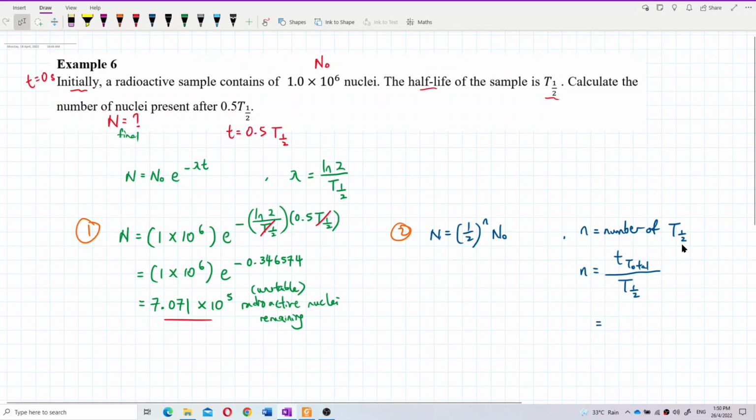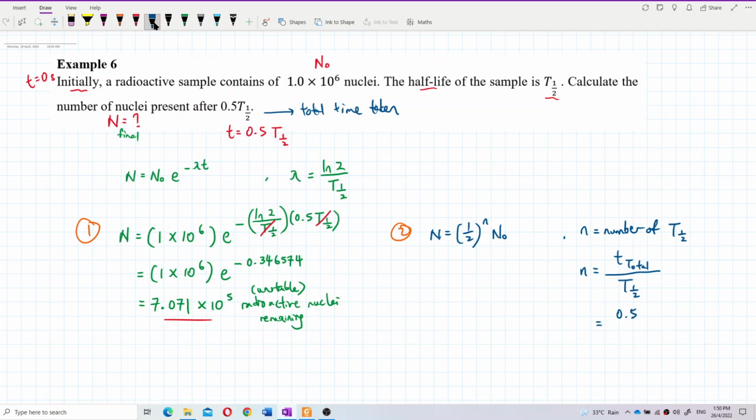So my total time taken is this one. My total time taken is 0.5 half-life.